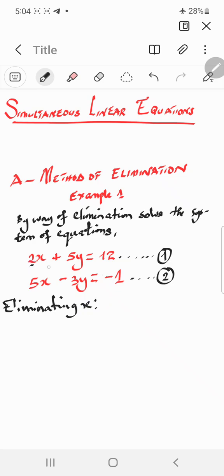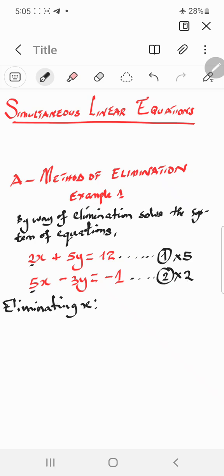We'll be using 2 and 5 because those are the coefficients of x. So this equation 1 will be multiplied by the coefficient of x in equation 2, times 5. And equation 2 will be multiplied by the coefficient of x in equation 1. I call it exchange multiplication.